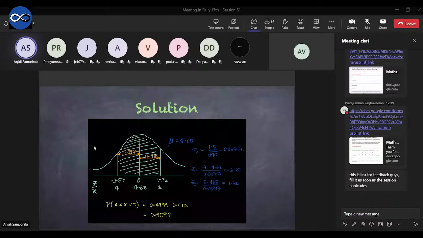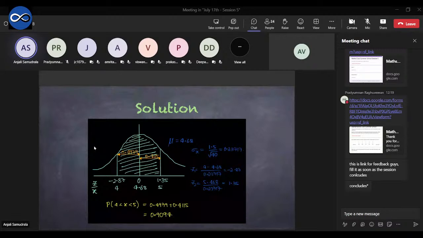Even though we got a negative sign here, when we take the probability, we take the absolute value and find the probability from the table. But since the values are on opposite sides, we will have to add the probabilities for finding the probability of x between 4 and 5.